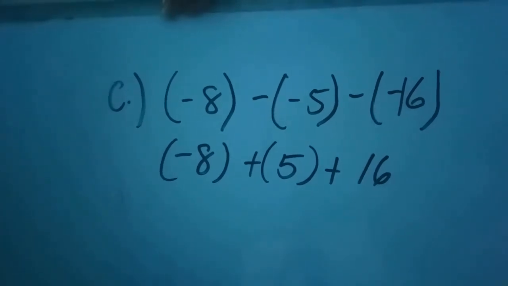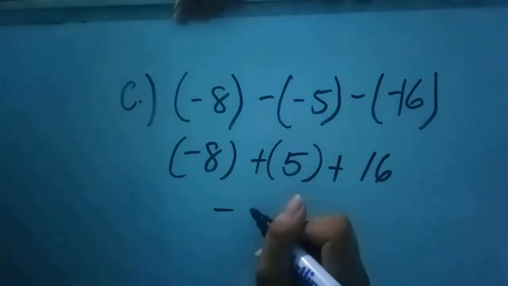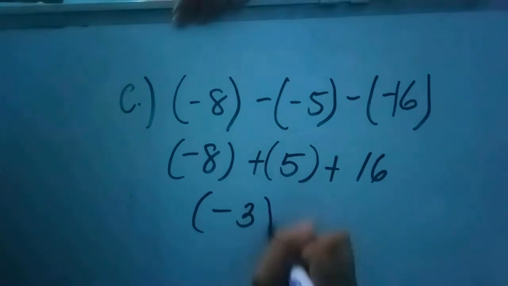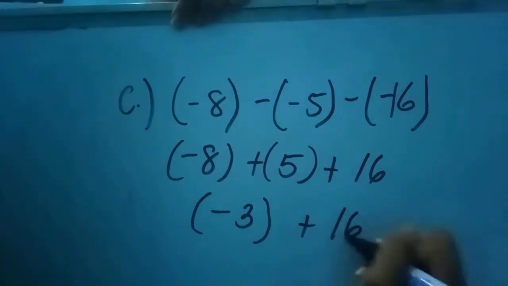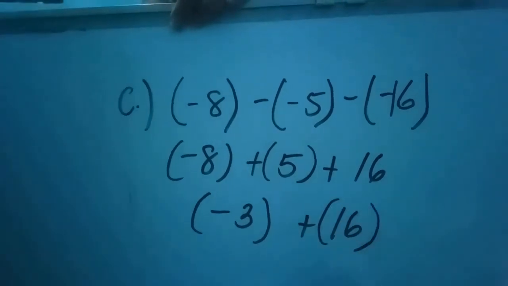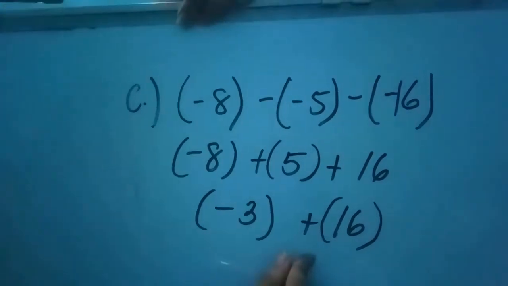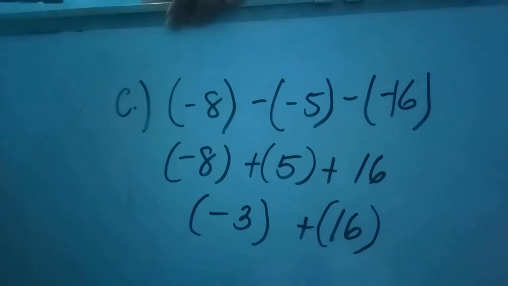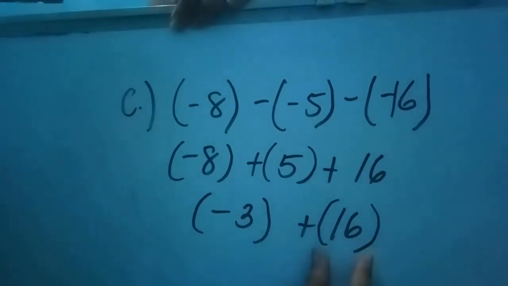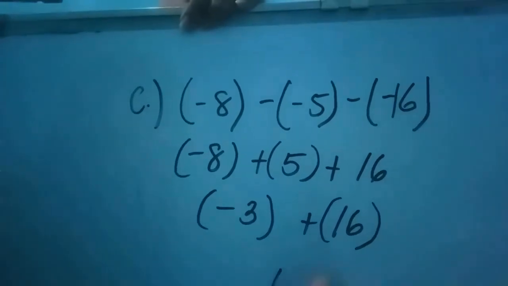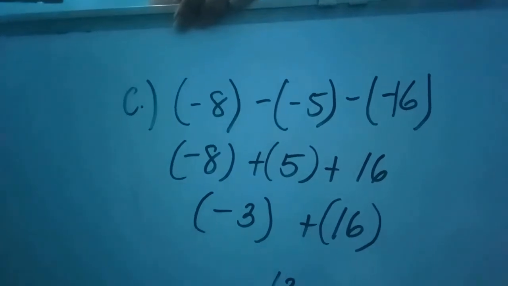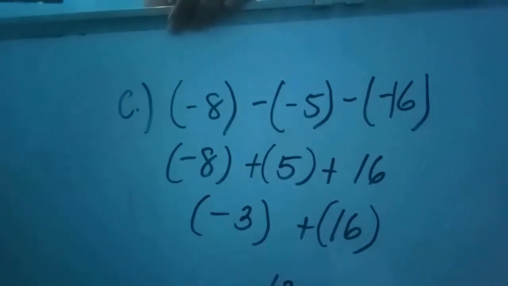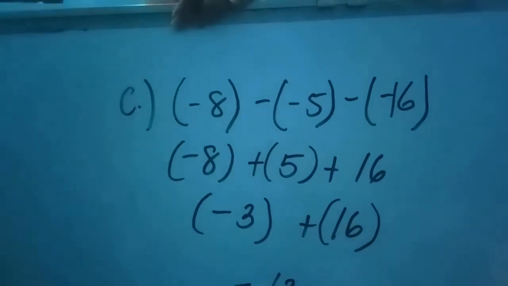Negative 8 plus 5 is negative 3 plus 16. We have negative 3 plus positive 16, unlike sign also, so we're going to subtract. Negative 3 plus 16 is 13. Copy the sign of the highest number, positive. So we have positive 13.